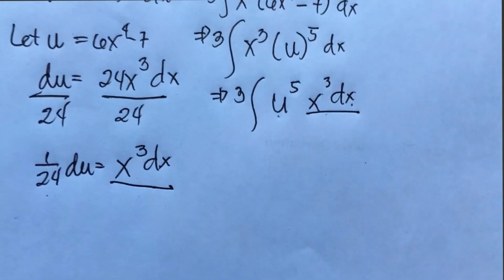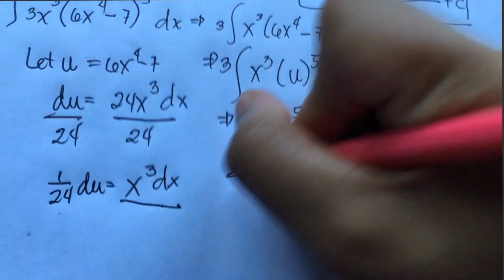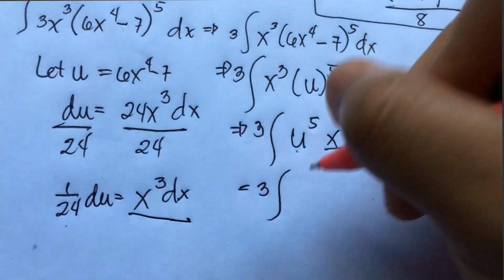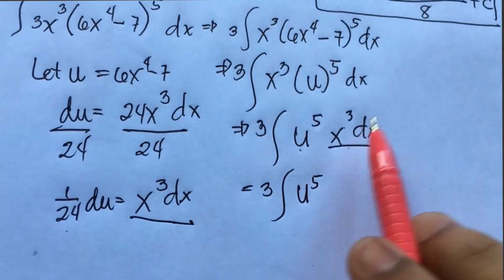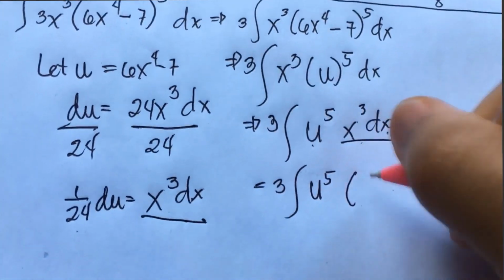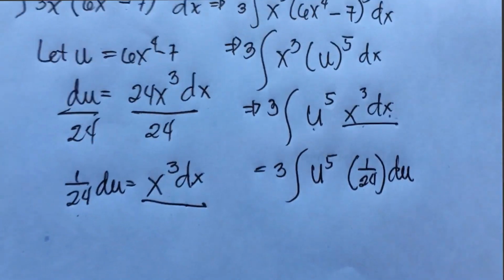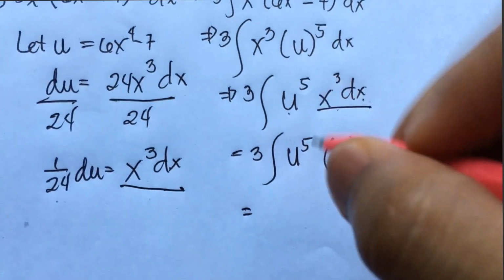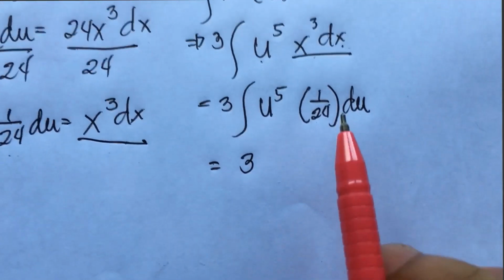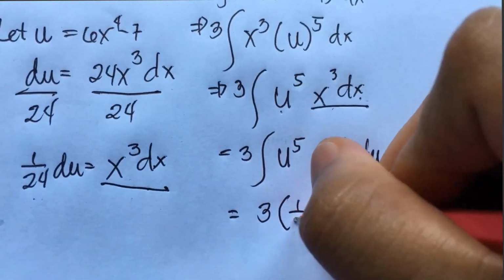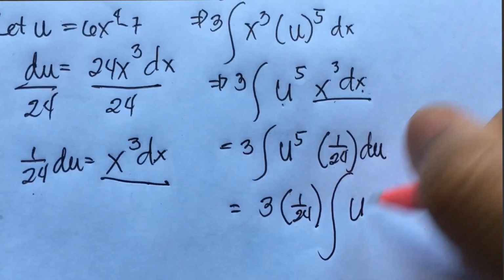Hindi siya pwede. So, you're going to substitute 3 u raised to 5. So, the value of x cubed dx is galing dito, which is 1 over 24 du. So, you have 3, of course, meron siyang constant na 1 over 24. So, multiply it by 1 over 24. So, ang naiwan, u raised to 5 du.